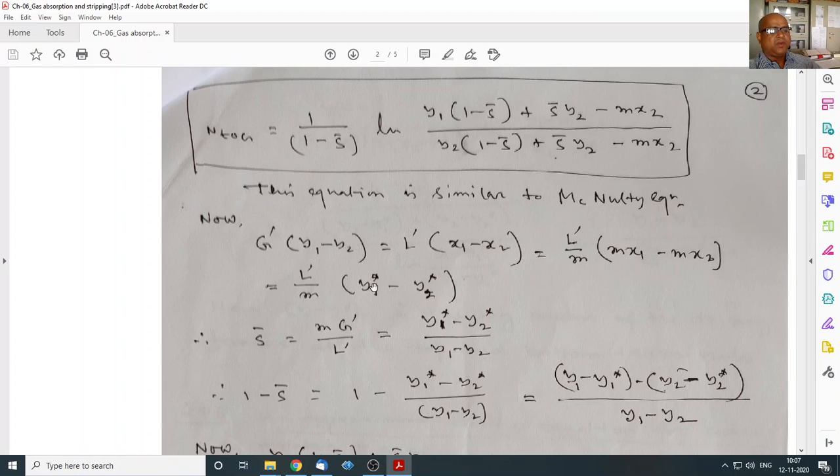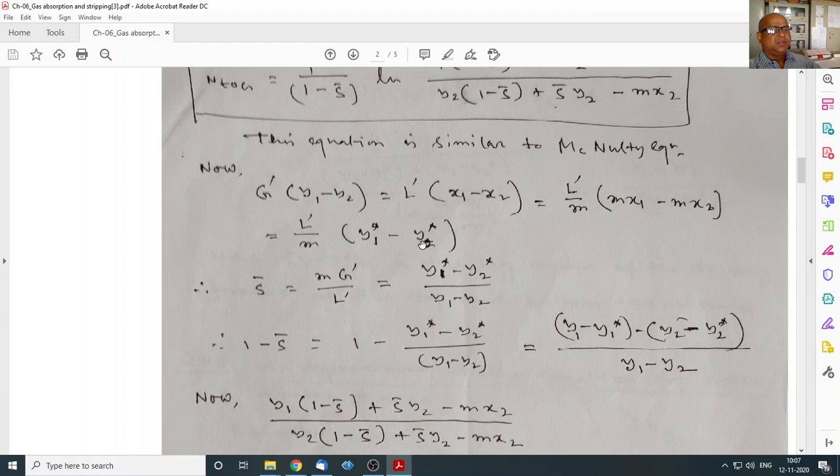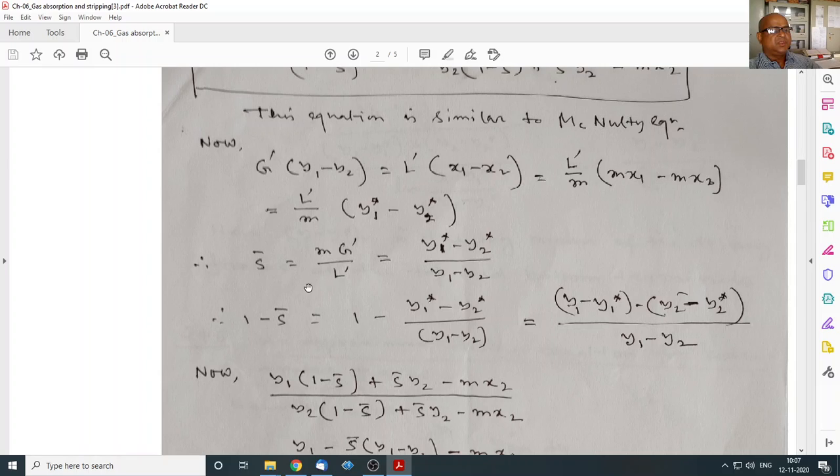This is equal to y1 star, and this is equal to y2 star. So now this equal to this. So mG by L' equal to this by this, so (y1 star minus y2 star) by (y1 minus y2).